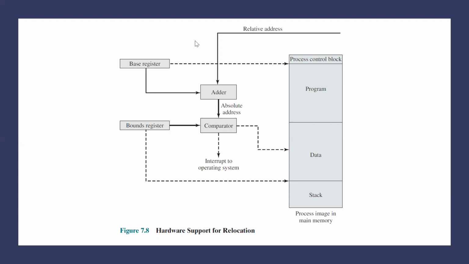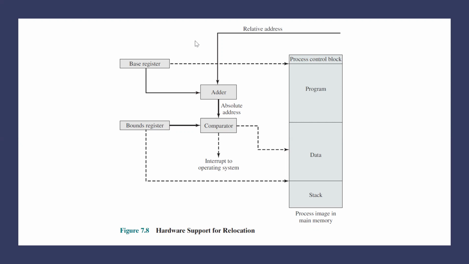Each such relative address goes through two steps of manipulation by the processor. First, the value in the base register is added to the relative address to produce an absolute address. Second, the resulting address is compared to the value in the bounds register. If the address is within bounds, then the instruction execution may proceed.